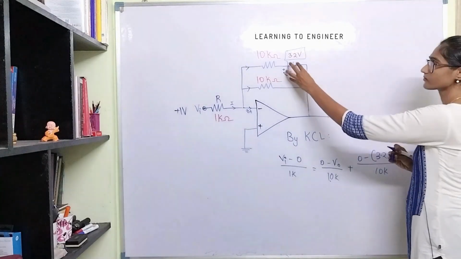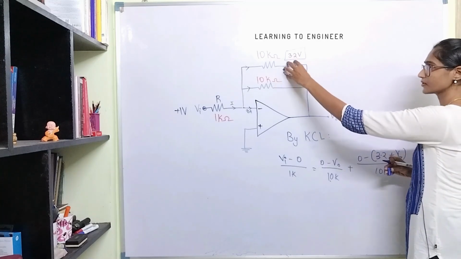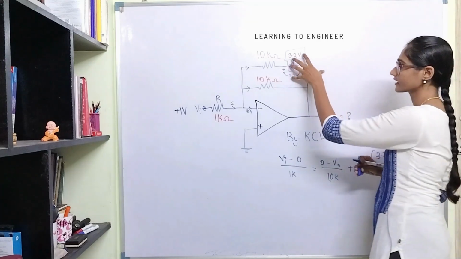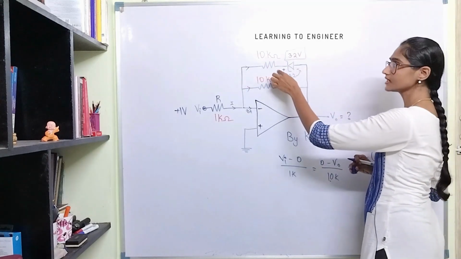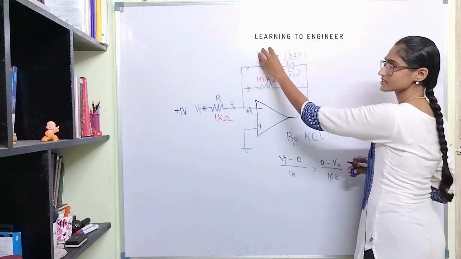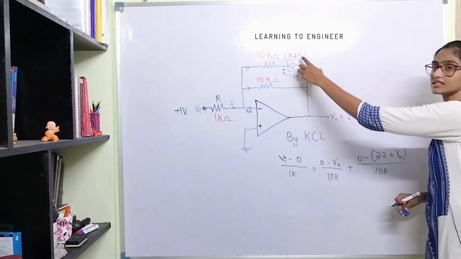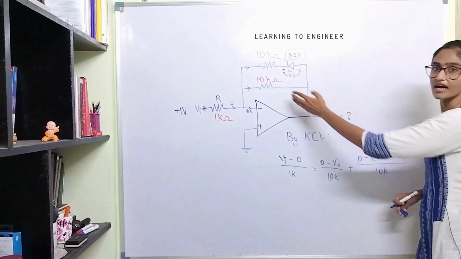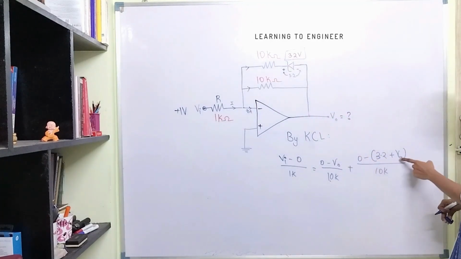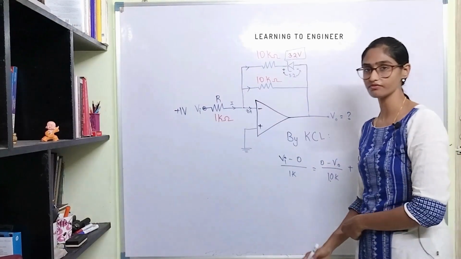Because this is the breakdown voltage of the Zener diode, the voltage at this end will be 3.2 plus V naught, and what is the current through this line? It's the difference in voltages divided by the resistance value. So the voltage at this end is 0 volt, at this end it is 3.2 plus V naught, and the current will be 0 minus (3.2 plus V naught) divided by 10K. If we solve for this, we will be able to get the value of V naught.